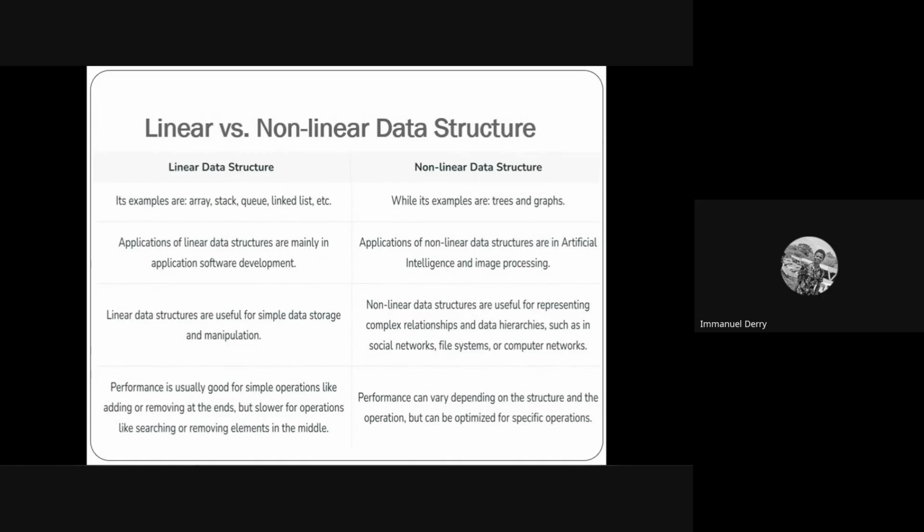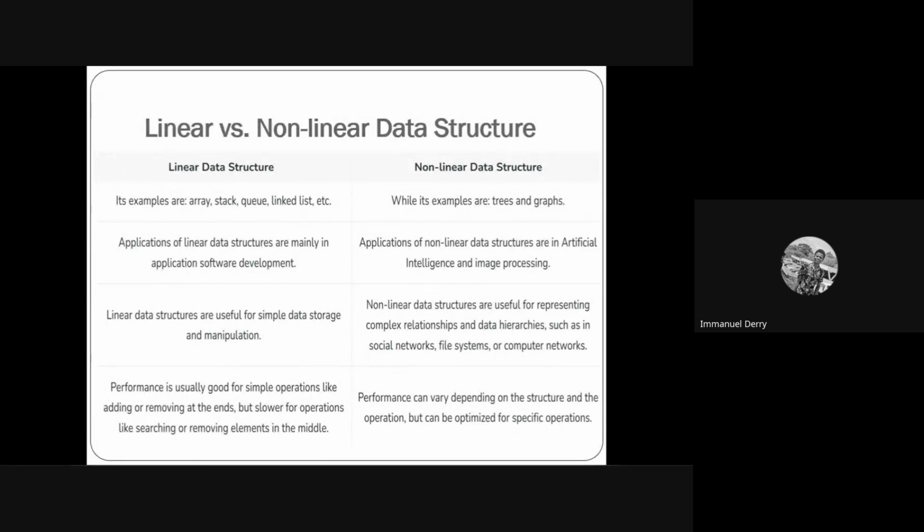Some examples of linear data structures are the stack, the queue, linked list, and arrays. Examples of non-linear data structures include trees and graphs. Linear data structures are mostly applied in application software systems.